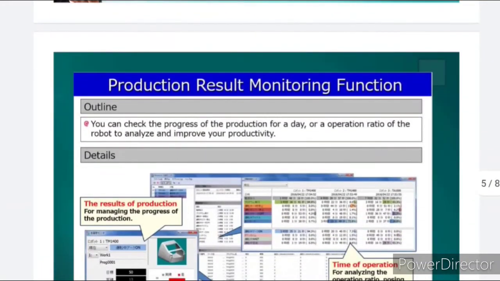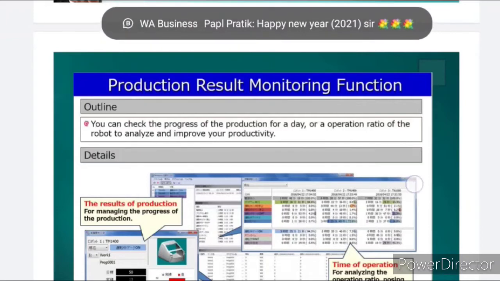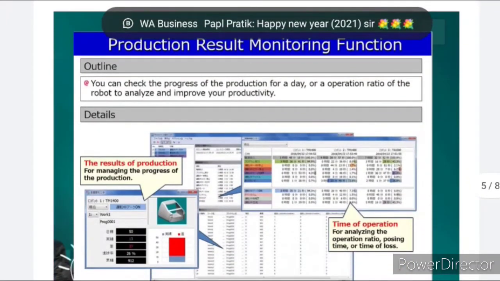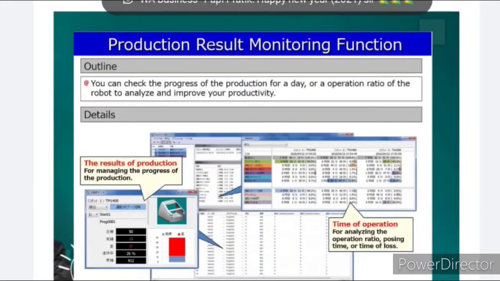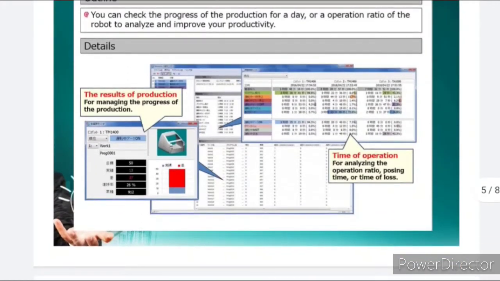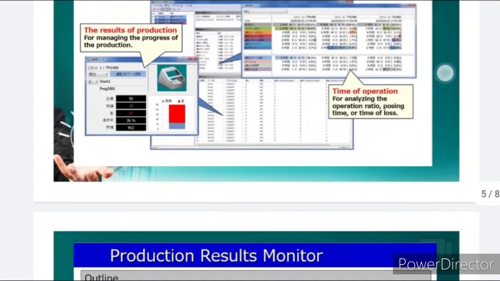Now, production result monitor functions. You can check the progress of the production for a day or the operation ratio of the robot to analyze and improve your productivity. The results of the production are for managing the process of production, and the time operations are for analyzing the operation ratio.